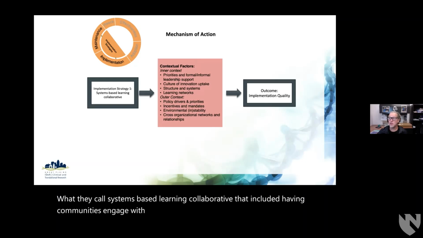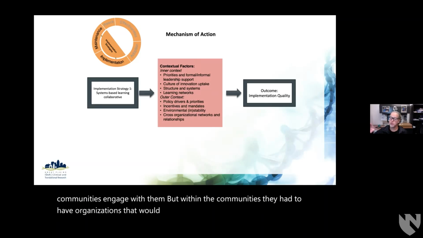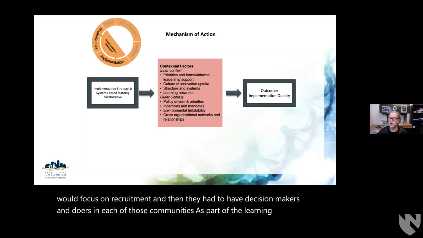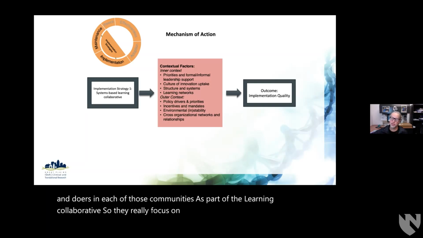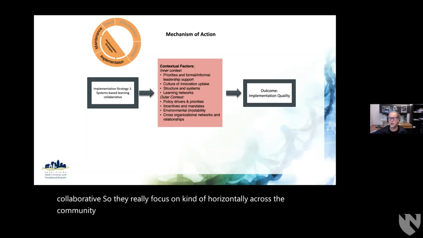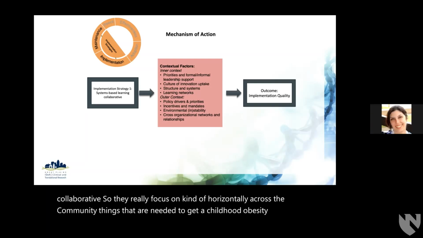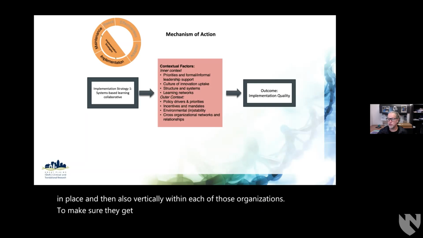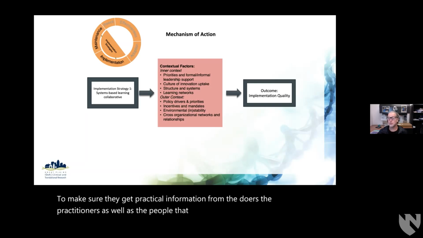But within the communities, they had to have organizations that would do implementation, organizations that would focus on recruitment, and then they had to have decision makers and doers in each of those communities as part of the learning collaborative. So they really focus on kind of horizontally across the community, things that are needed to get a childhood obesity intervention in place, and then also vertically within each of those organizations to make sure they get practical information from the doers, like the practitioners, as well as the people that can make the decisions on what would be done.